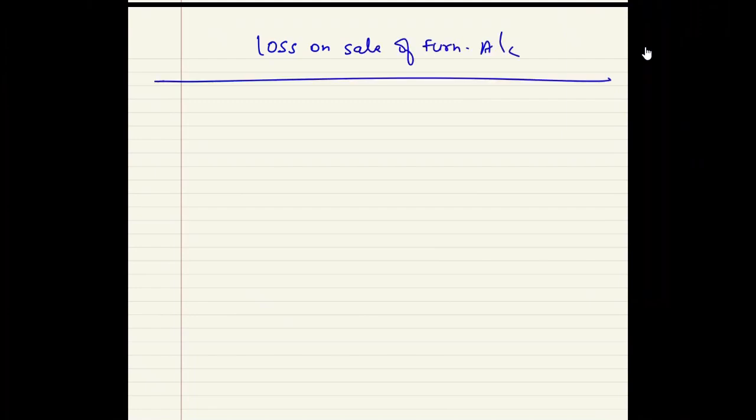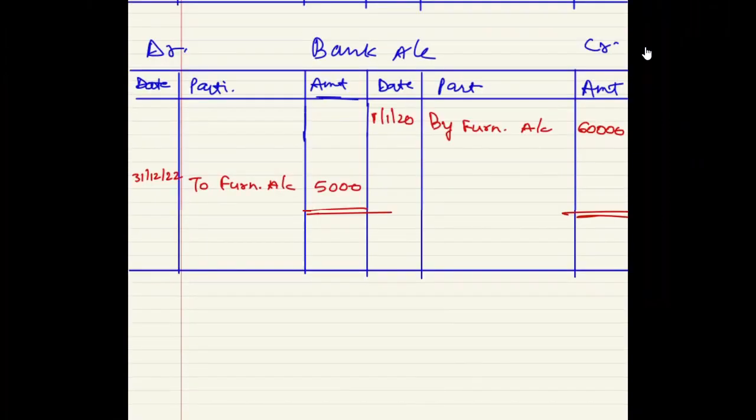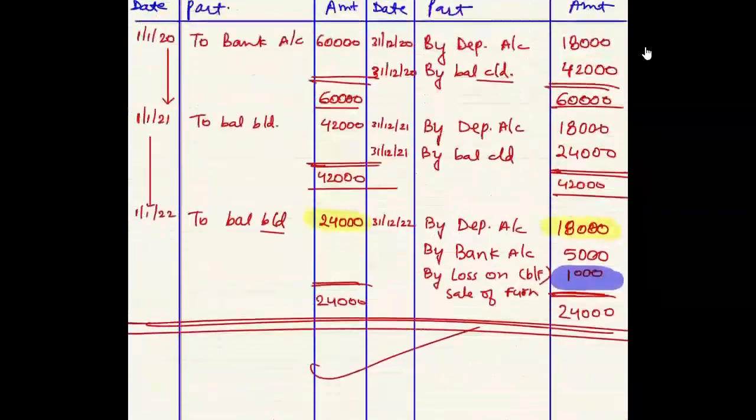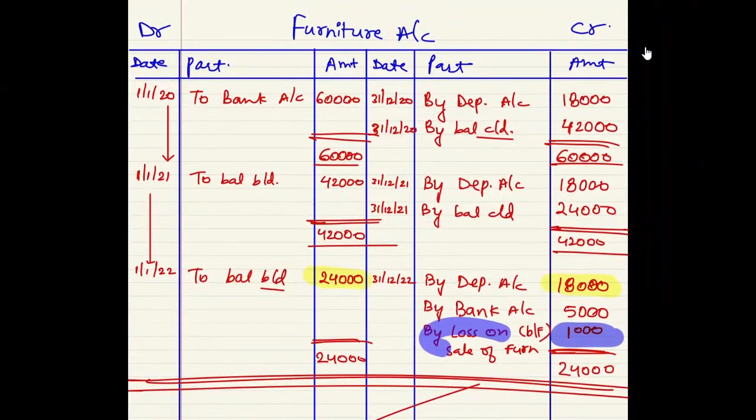If anybody asks me to prepare the loss on sale of furniture account, nothing on the debit side you need to write as to furniture account. Sir, why are you writing on the debit side? See the furniture account. In the furniture account, it is mentioned on the credit side.